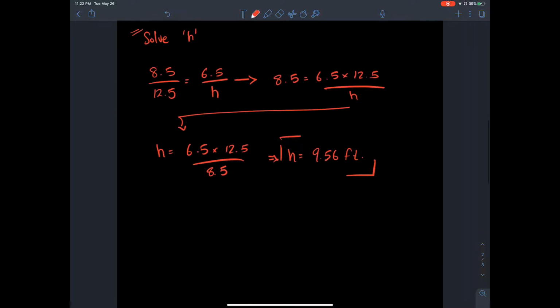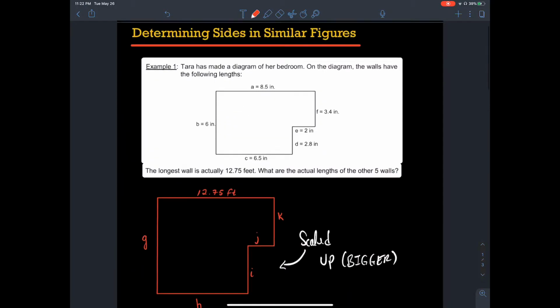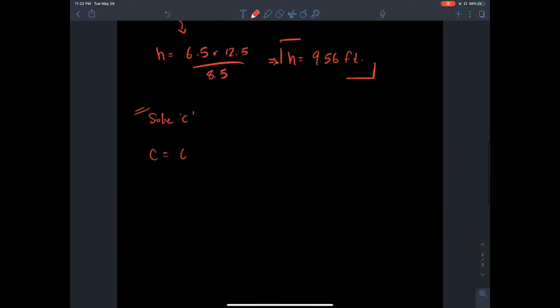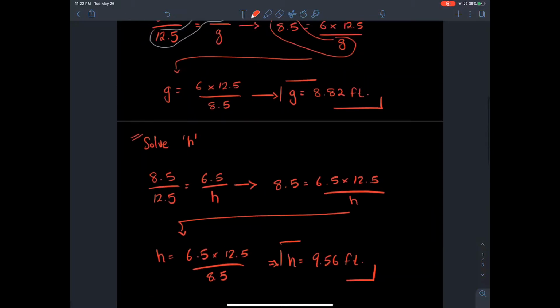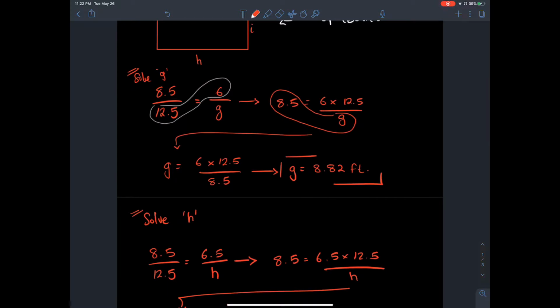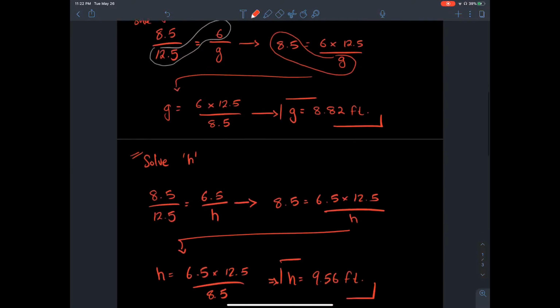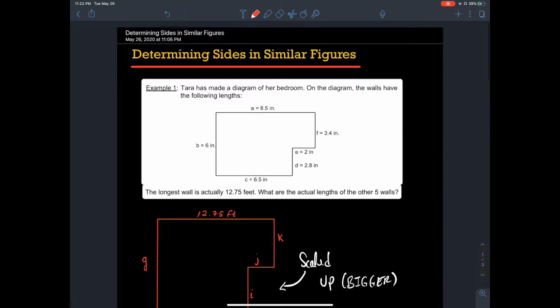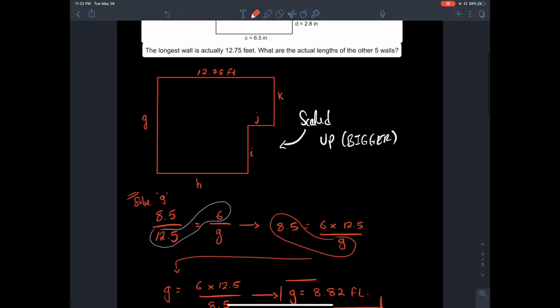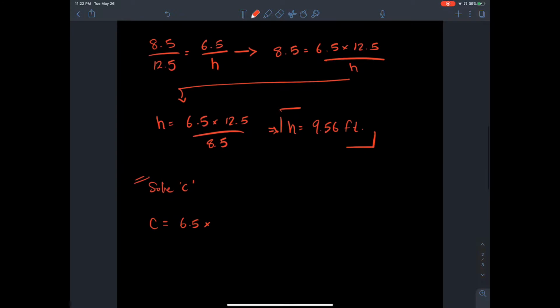So to find c, let's just follow that so we don't do as many steps. We're going to have c equals, what did c equal up here? C equaled 6.5 times 12.5 all over 8.5.